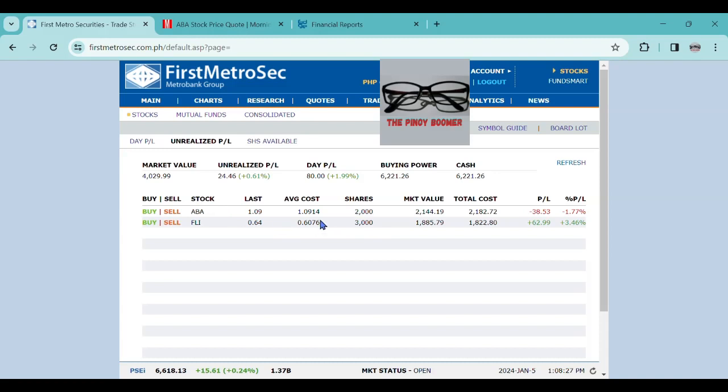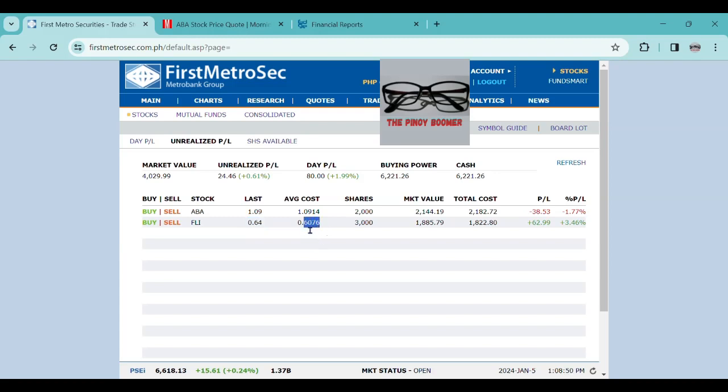So, besides ABA, I bought it earlier at 1 peso and 8 centavos. But due to fees and taxes, it's worth 1 peso and 9 centavos. And last Wednesday, I bought Philinvest Land for 60 pesos.